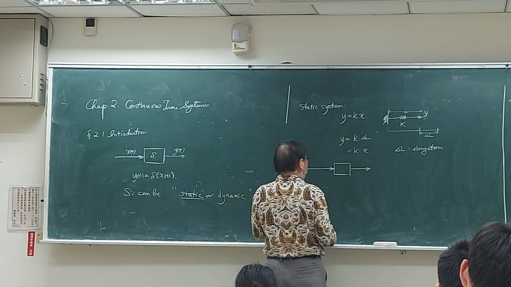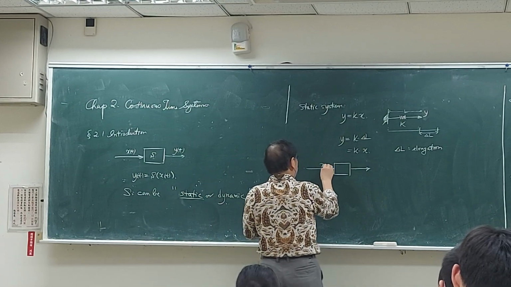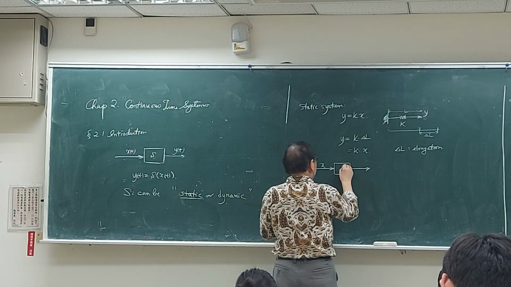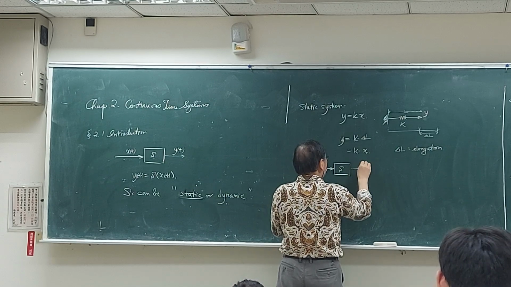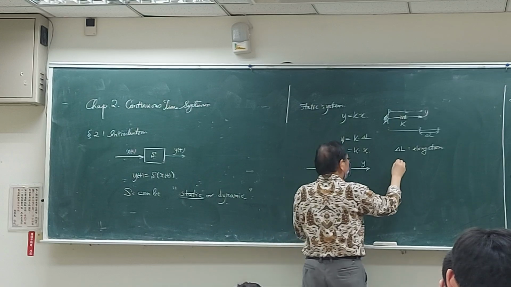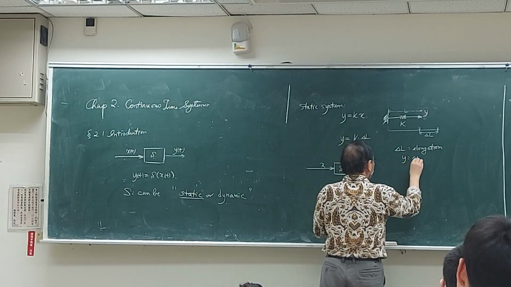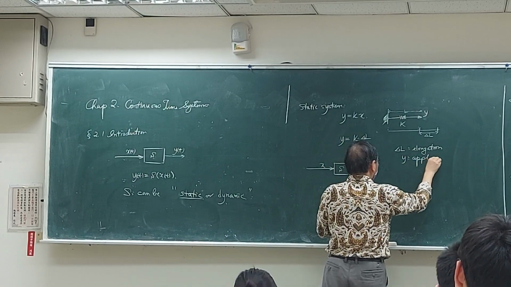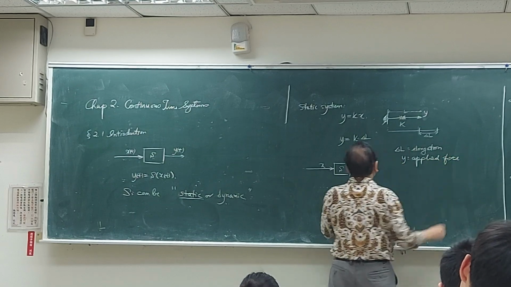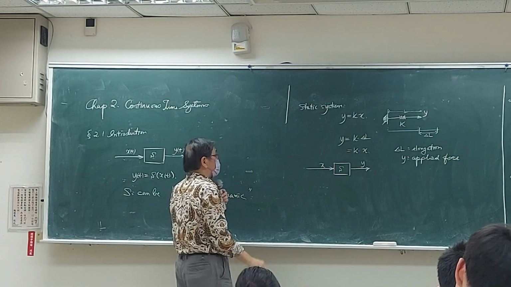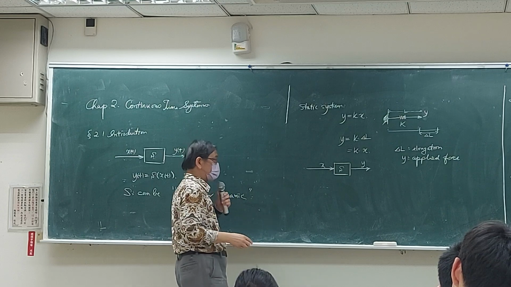So I have x, that's the elongation, and then I can build up the output one, which is the applied force. Okay? So that's a very simple steady system.